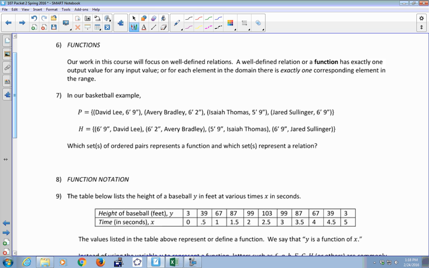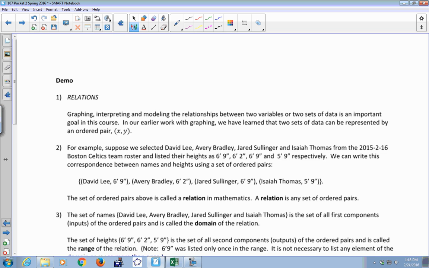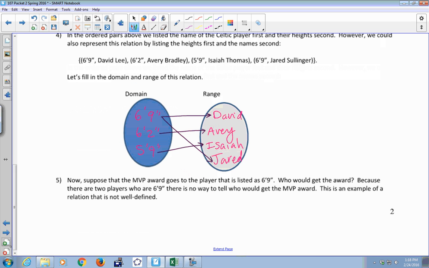Each first input corresponds to exactly one second output. P, yeah. H we decided was not well defined because of this MVP question, right? Where if you list height first, if I say 6'9", you can't figure out who I'm talking about, right?